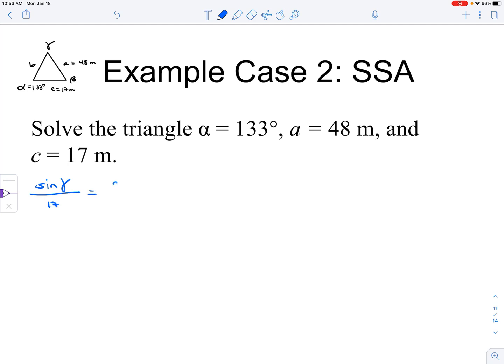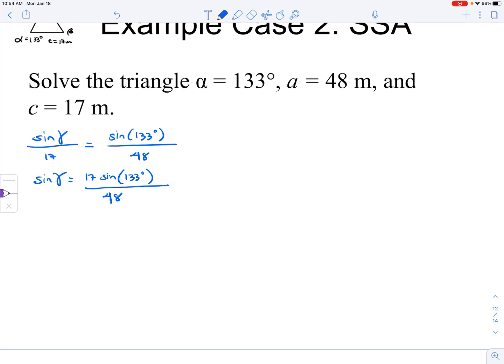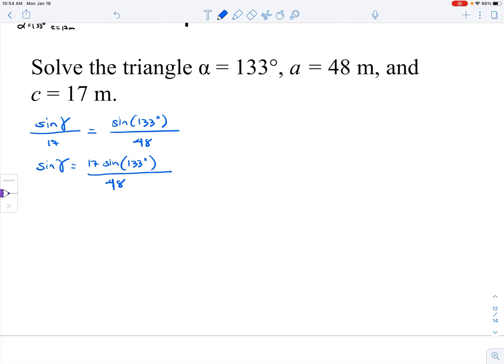So we're going to have sine of gamma over 17 equals sine of 133 degrees over 48. And to get sine of gamma by itself, multiply by 17.